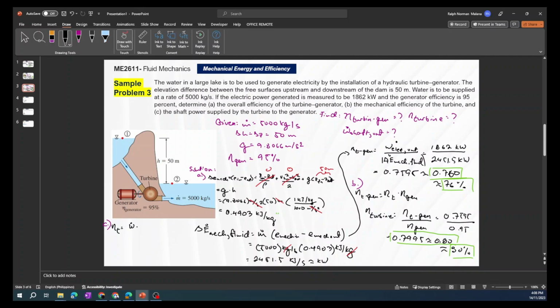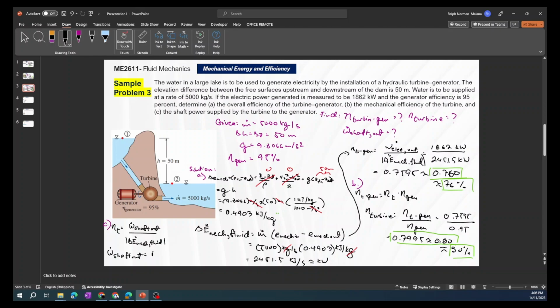The formula is the work shaft out divided by the absolute value of the mechanical energy of the fluid, which we determined to be 2451.5 kilojoules per second. We already know the efficiency of our turbine, so we just isolate the shaft power output.